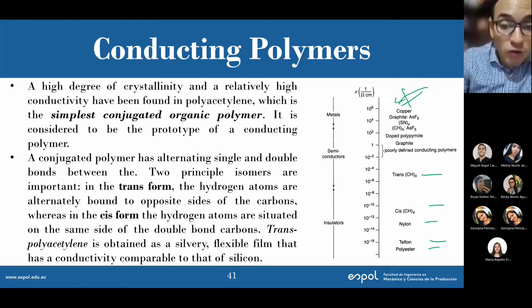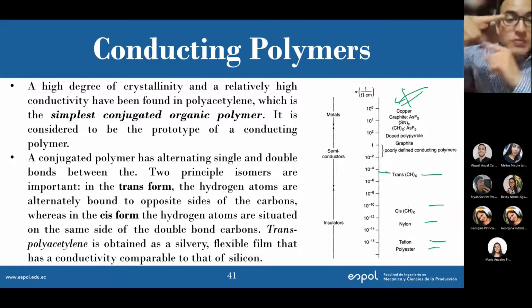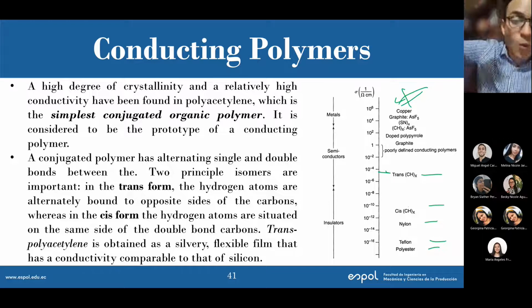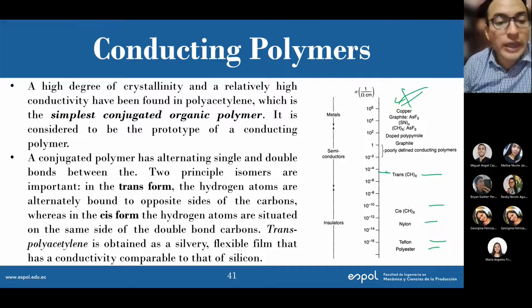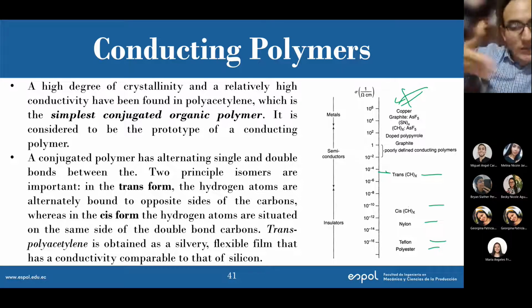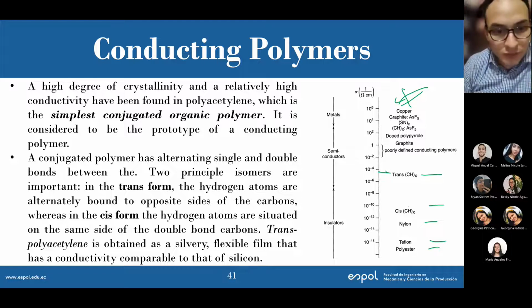It has the trans form, the one up there, where the hydrogen atoms are alternately bound to opposite sides of the carbon, so one on one side and the next on the other. Whereas in the cis form, I'm sure you might have learned, the hydrogen atoms are all situated on the same side of the double bond carbons, right?